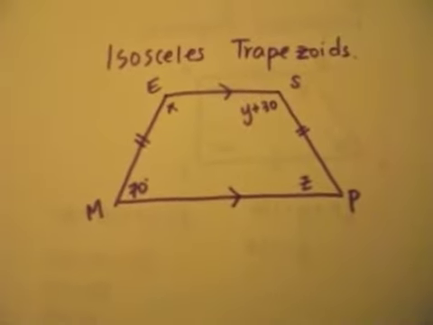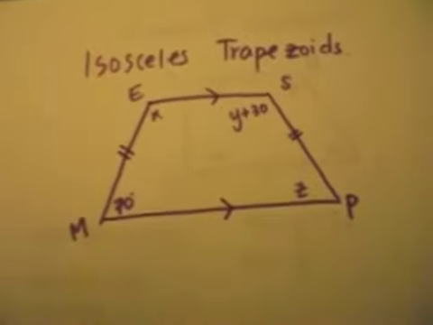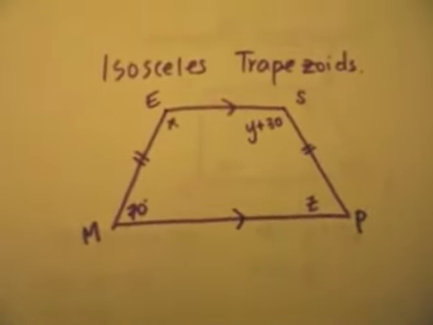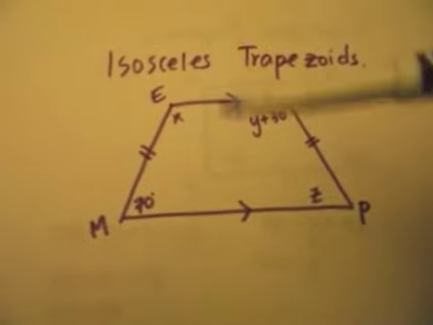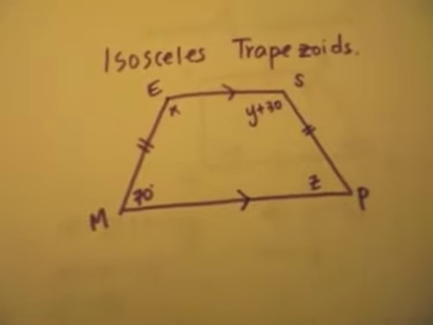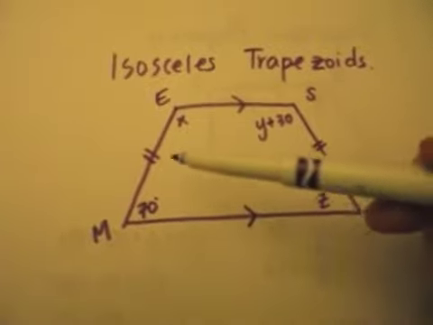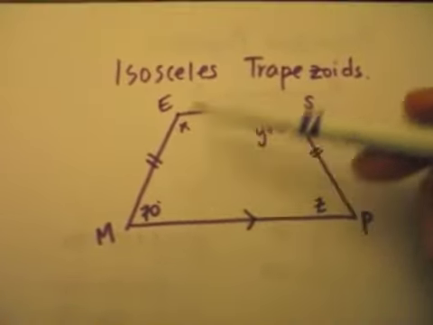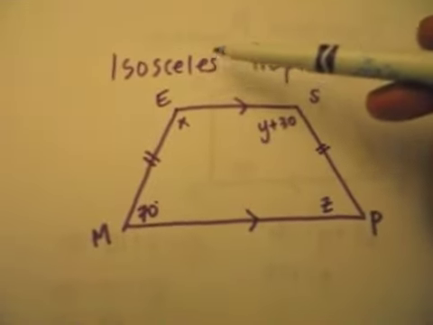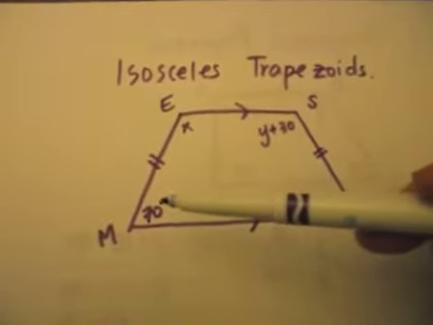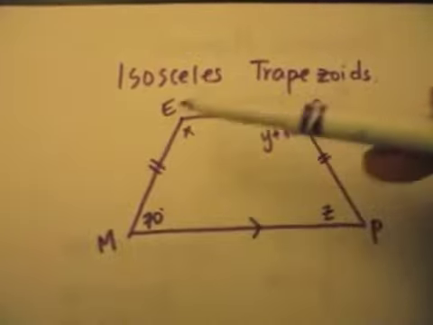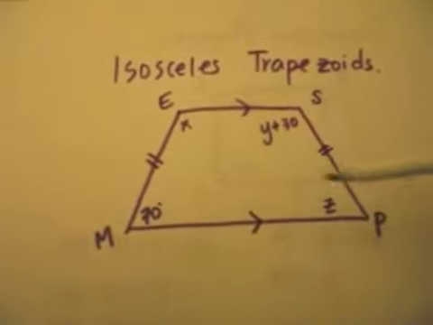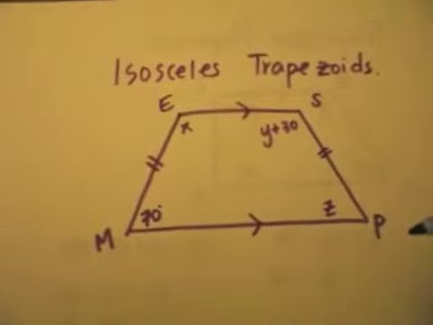One of the properties of isosceles trapezoids was that the base angles were going to be congruent. We know that the consecutive angles add up to 180. That's for all trapezoids. But when it comes to isosceles trapezoids, on top of the property we just talked about with consecutive angles, the base angles are also congruent.